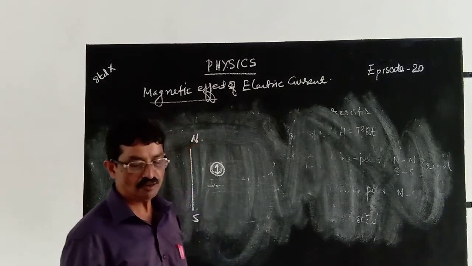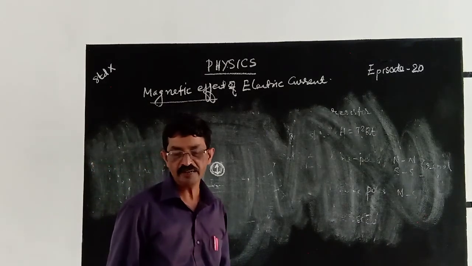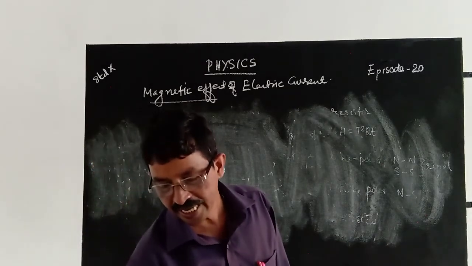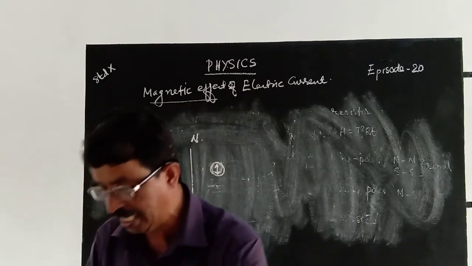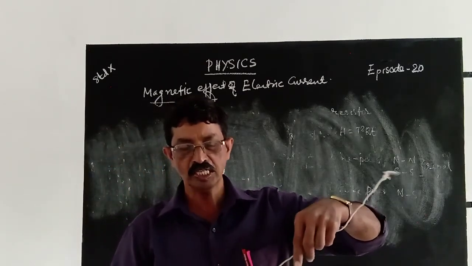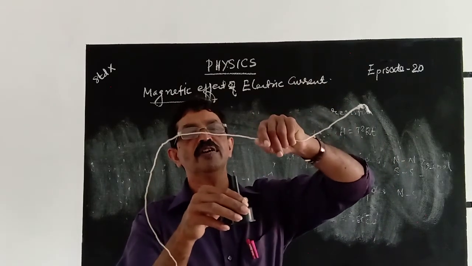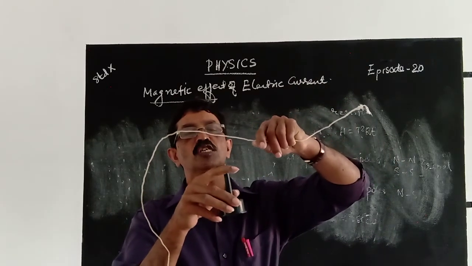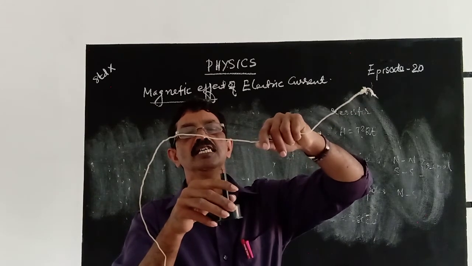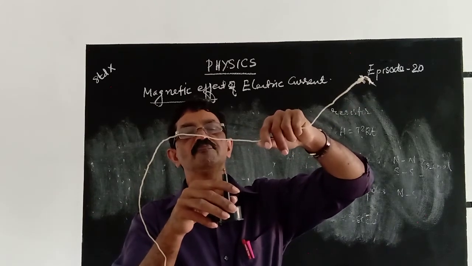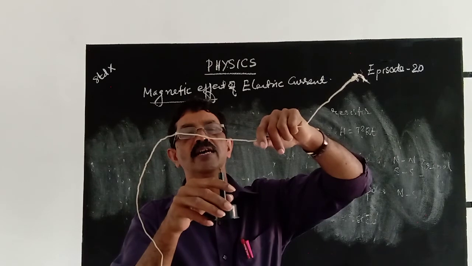Got the idea about how to arrange this? See, in this manner, here is a compass that is in north-south, and above this we arrange a conducting wire parallel to it.